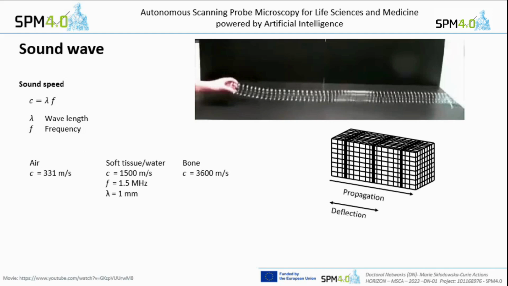Air is roughly 330 meters per second, soft tissue about 1,500 meters per second, and bone has a higher speed of sound. As I mentioned, the ultrasound frequency is in the range of megahertz. Therefore, our wavelength, which is important for image resolution, is in the range of millimeters.